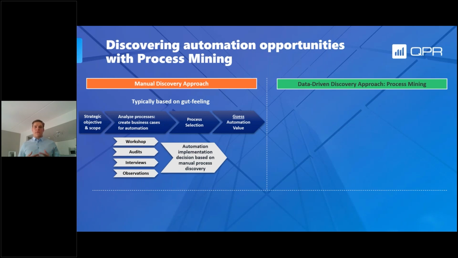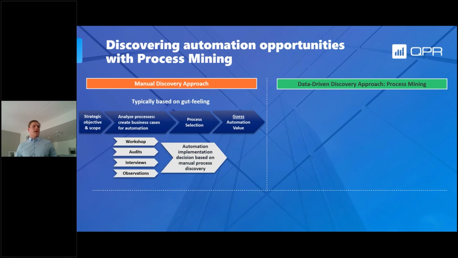So you want to fulfill those targets that are set. And in the manual discovery approach, you first analyze processes, and you analyze processes because you want to create business cases for automation. So you want to see what automation options make the most sense.